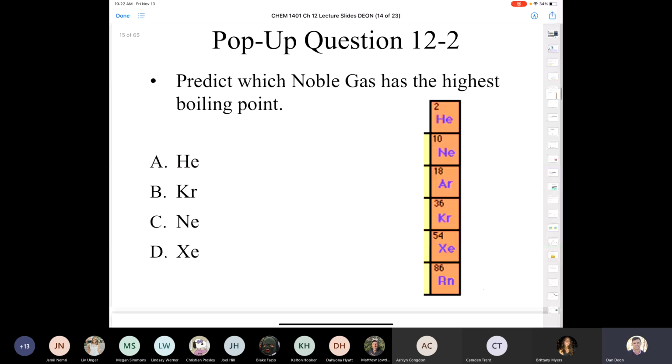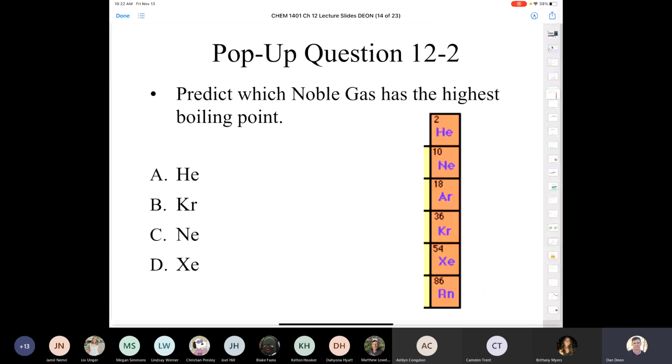Let's try another question. Here we have the noble gases. Which one of these is going to have the highest boiling point? And if you have an answer, you can just type it in.